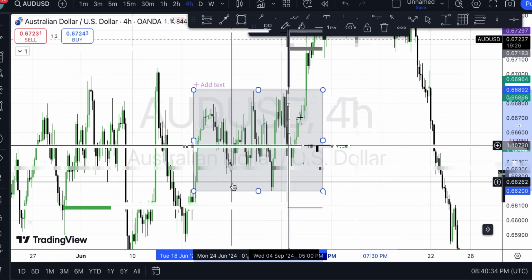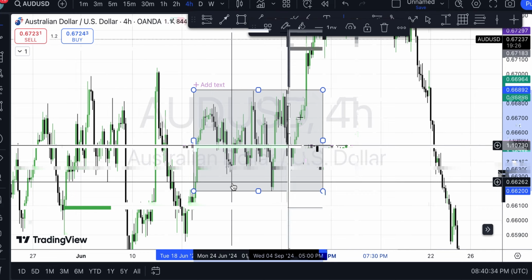The first one, which is ascending channel: an ascending channel occurs when the price moves within a channel that slopes upward. Number two, descending channel. A descending channel occurs when the price moves within a channel that slopes downward.